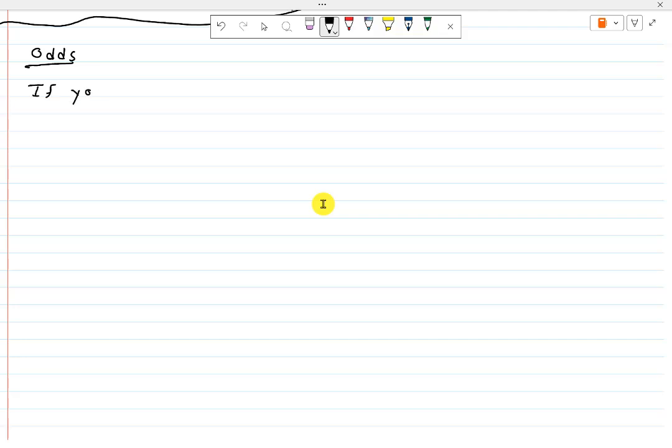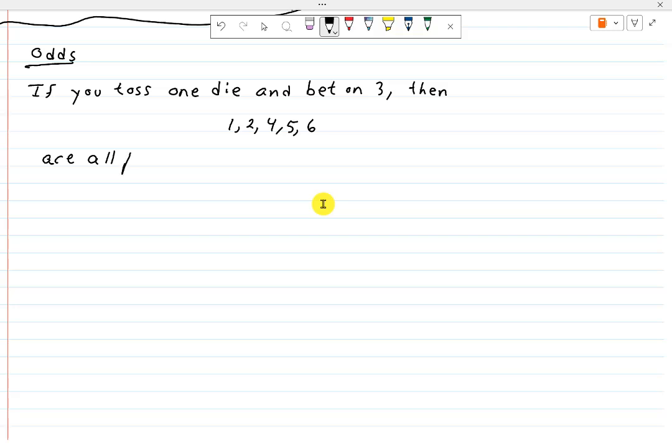If you toss one die, a 6-sided one that is, and bet on 3, then 1, 2, 4, 5, and 6 are all possible outcomes against your bet.